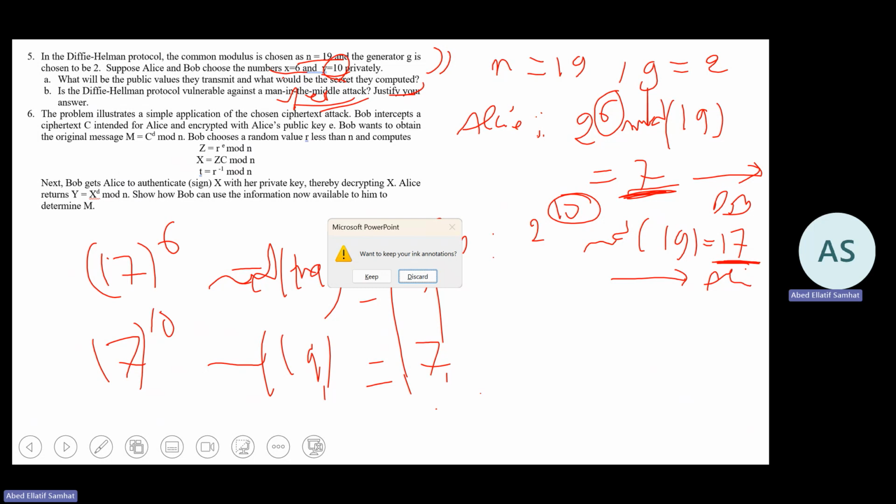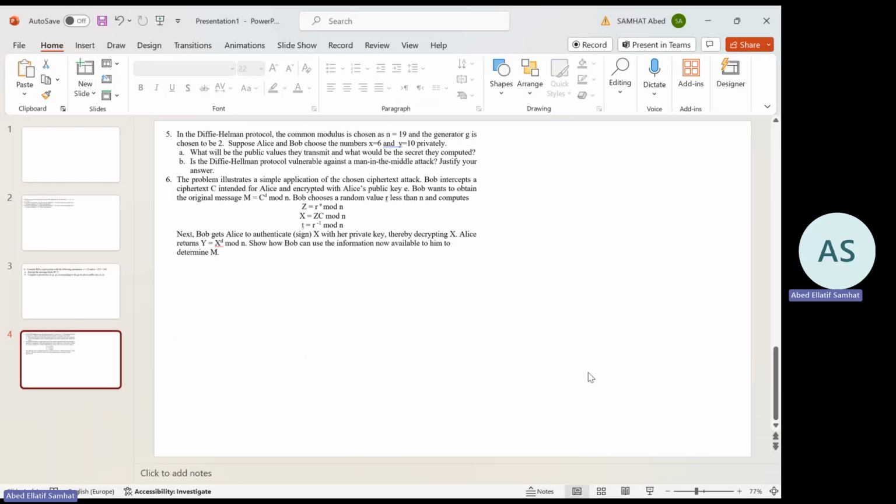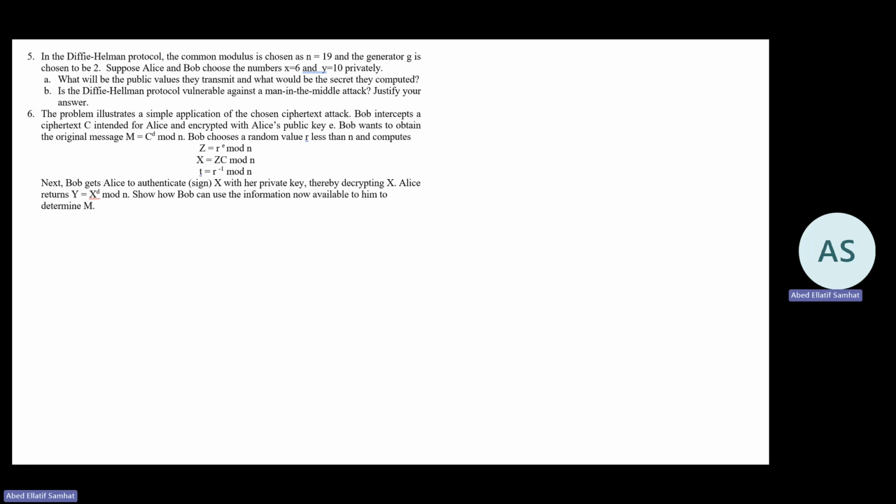The last exercise is related to the chosen ciphertext attack. Here we illustrate a simple application of the chosen ciphertext attack. Bob intercepts the ciphertext C intended for Alice and encrypted with Alice's public key E. Bob also wants to obtain the original message, which is C to the power D mod n.